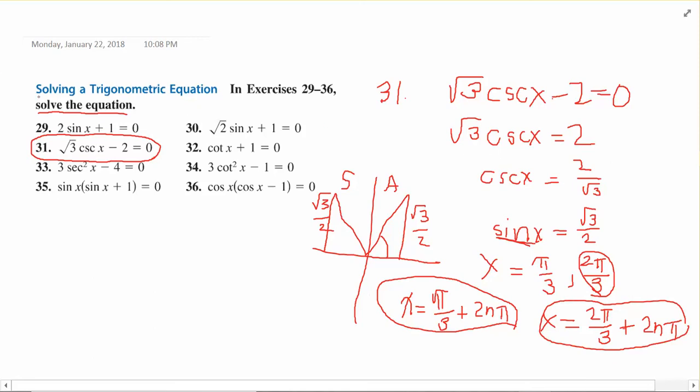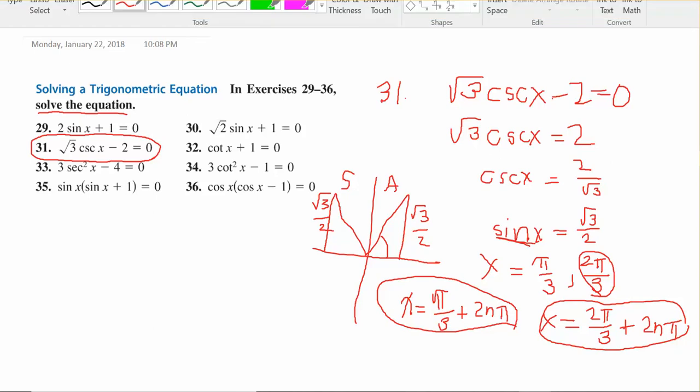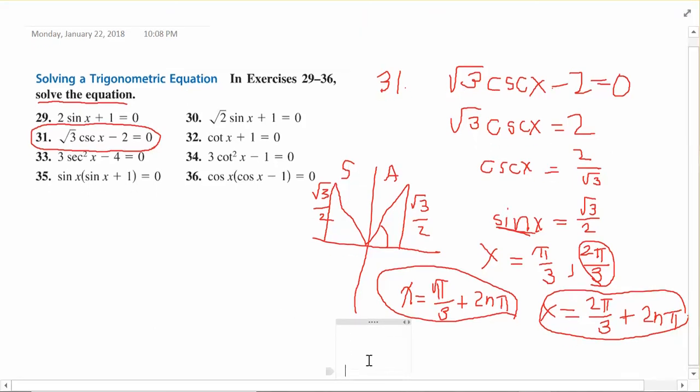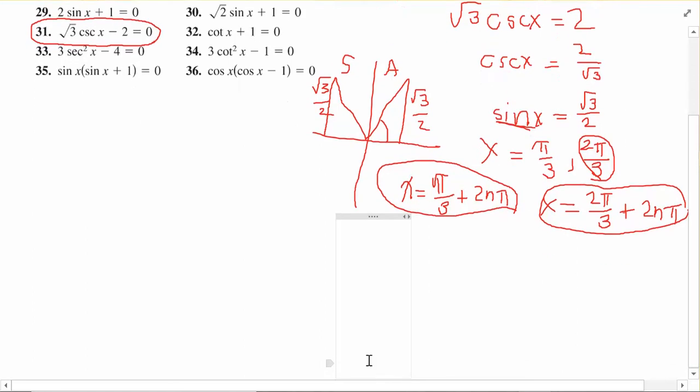And now I'd like to get to number 35, and while I'm doing 35, I'm going to have to think about how to isolate the variable. Right now, it's kind of isolated already.